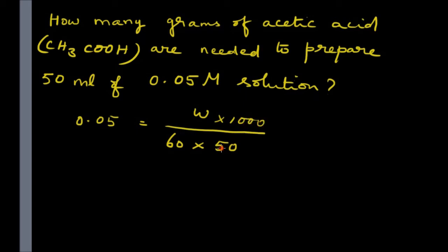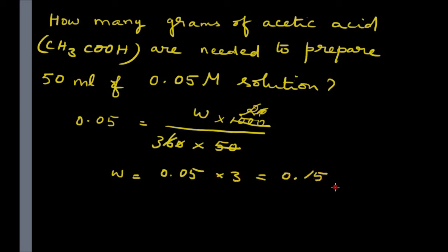So, here you get 20. So, it is 1 by 3, isn't it? So, W is equal to 0.05 into 3, that is equal to 0.15.